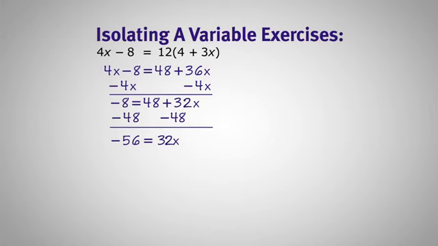We don't need to factor, so we can skip step 4. So let's move on to step 5. Divide both sides of the equation by whatever we need to in order to isolate our variable. In this case, we're going to divide both sides of the equation by 32, leaving us with x is equal to negative 56 divided by 32, which reduces to negative 7 over 4.